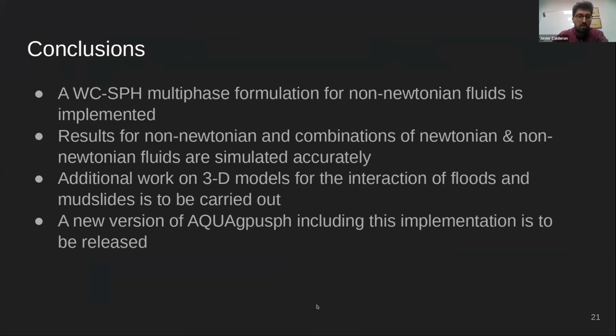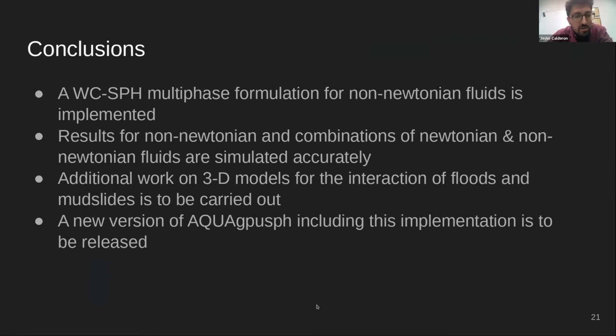So as a conclusion, we have implemented a weakly compressible SPH multi-phase formulation that allows for both Newtonian and non-Newtonian fluids, and is relatively complex, including shifting, delta SPH and corrections that are state of the art right now in SPH.